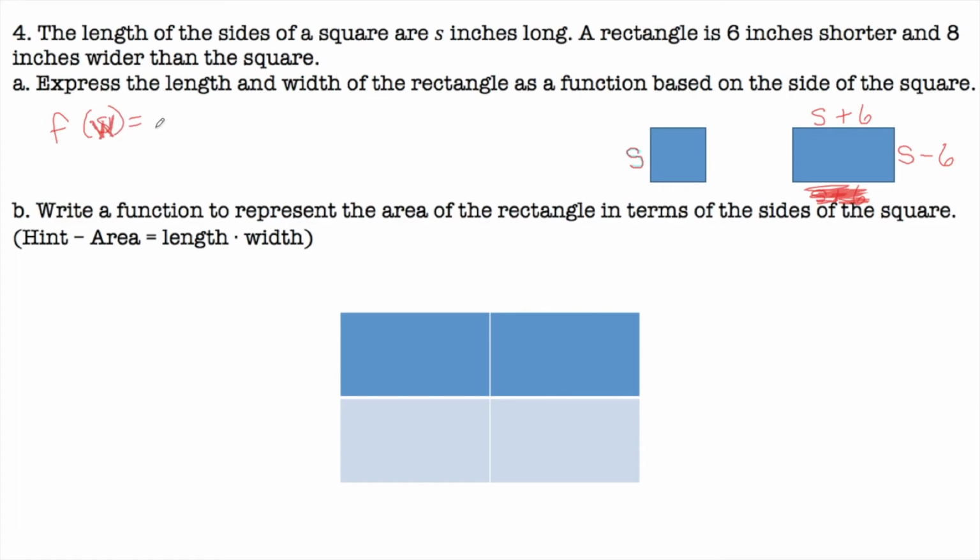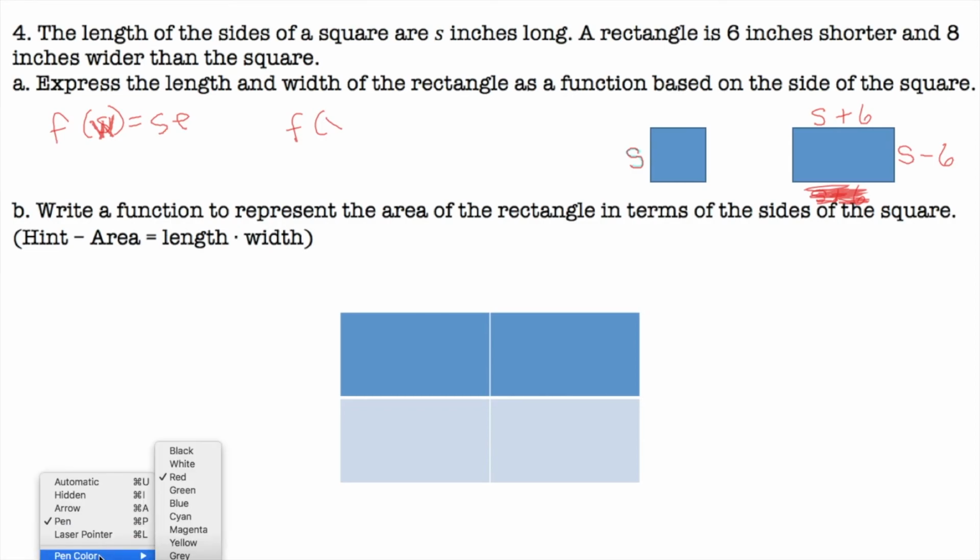F of w is s plus 6. Oh my goodness. Start over here. I am going to scream. I can't erase either because I'm in a PowerPoint and it won't let me erase.